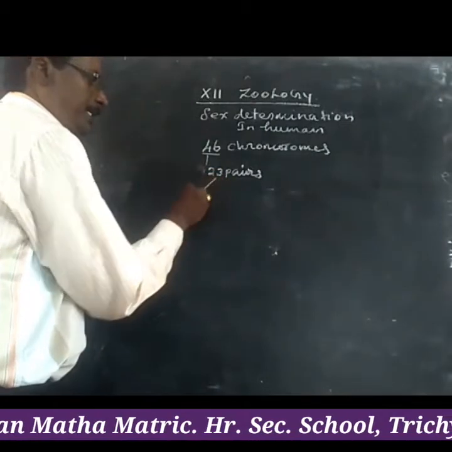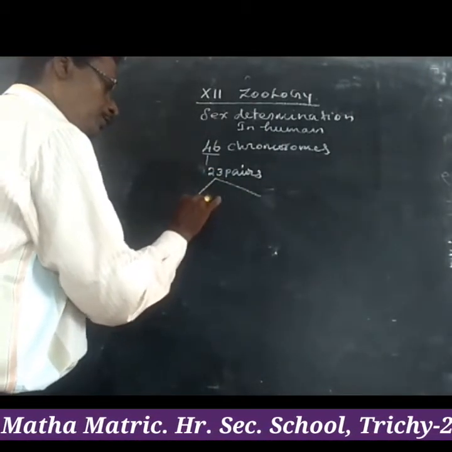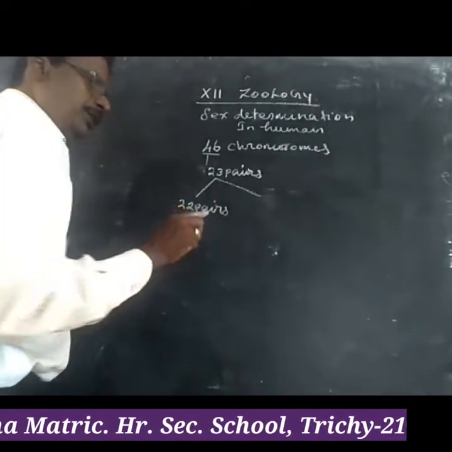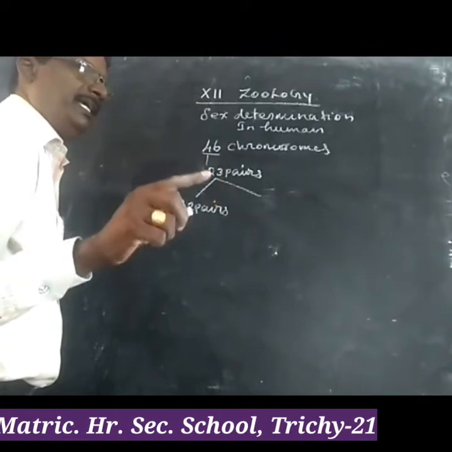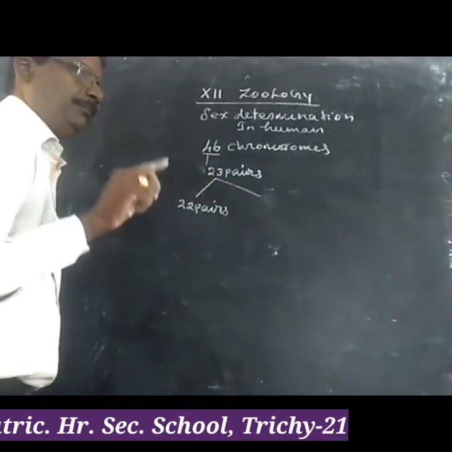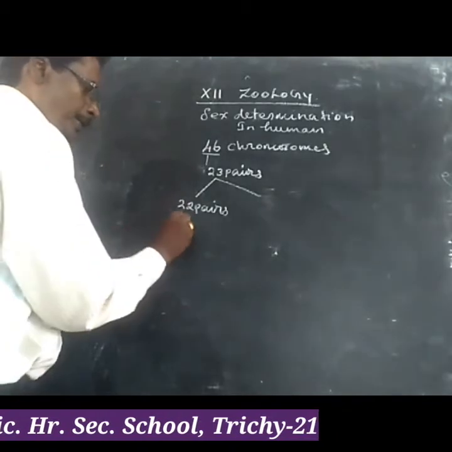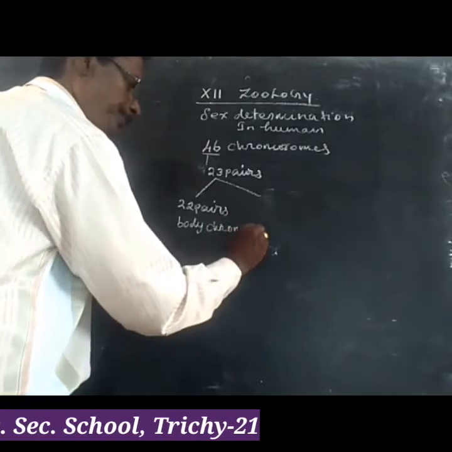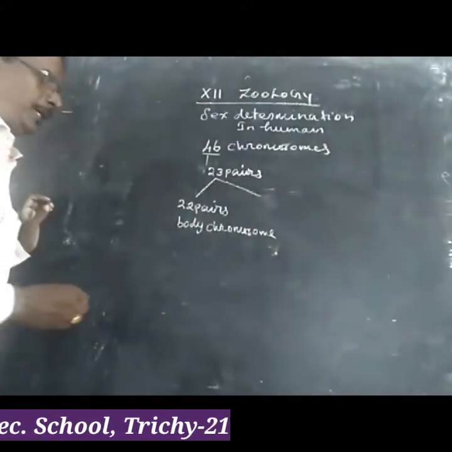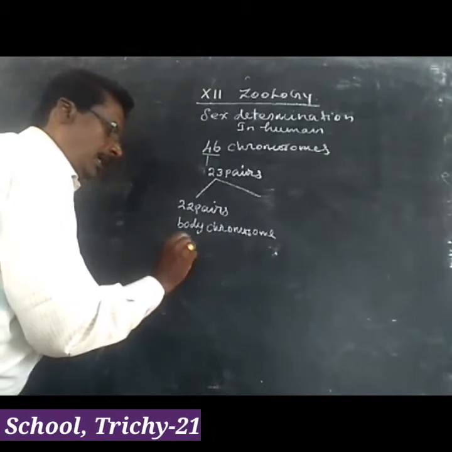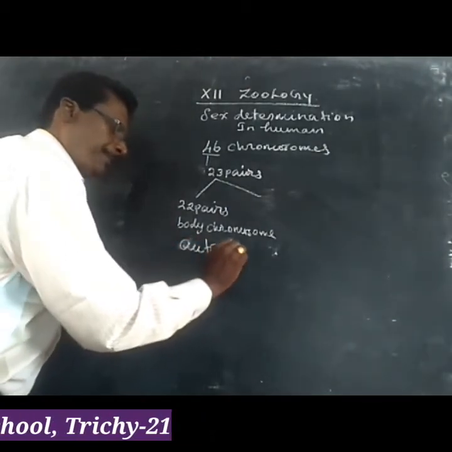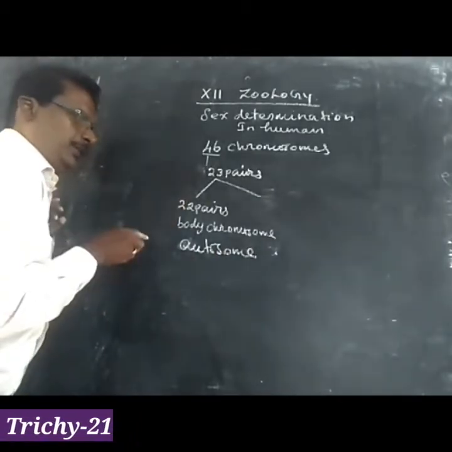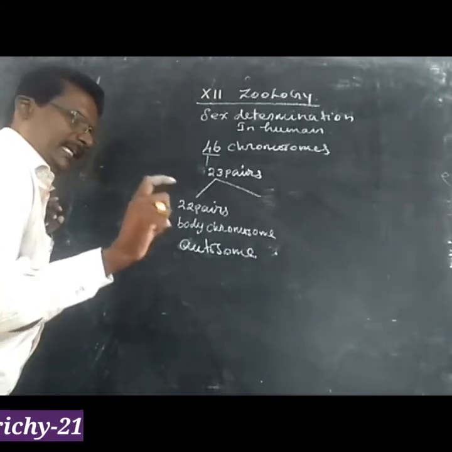Among the 23 pairs, 22 pairs of chromosomes are involved in the determination of bodily characters, so they are called body chromosomes, or autosomes. So the 22 pairs of chromosomes determine the bodily character.